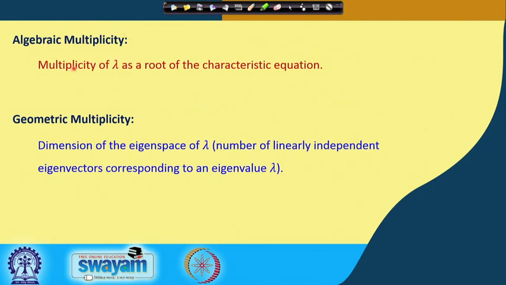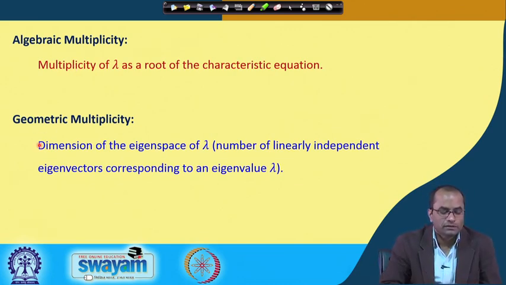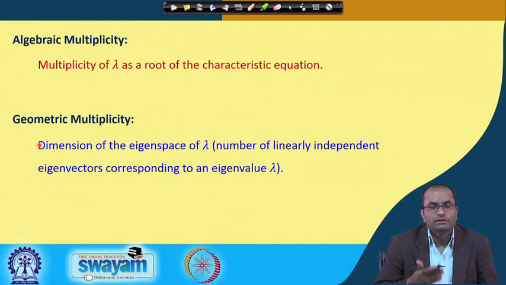If for instance one root is repeated 3 times, then the algebraic multiplicity of that particular root is 3, and the geometric multiplicity will be the dimension of the eigenspace, or the number of linearly independent vectors we have corresponding to that particular eigenvalue lambda.